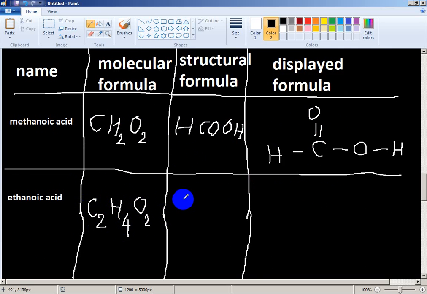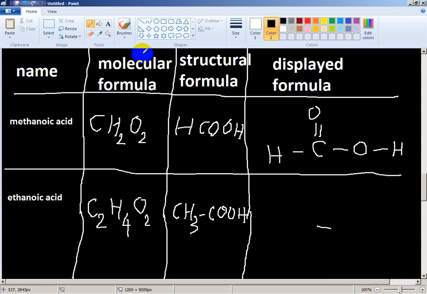And the structural formula for this: the 2 carbon, this is CH3, then COOH, the carboxylic acid group. Now C double bond O, this we know, is the carboxylic acid functional group.